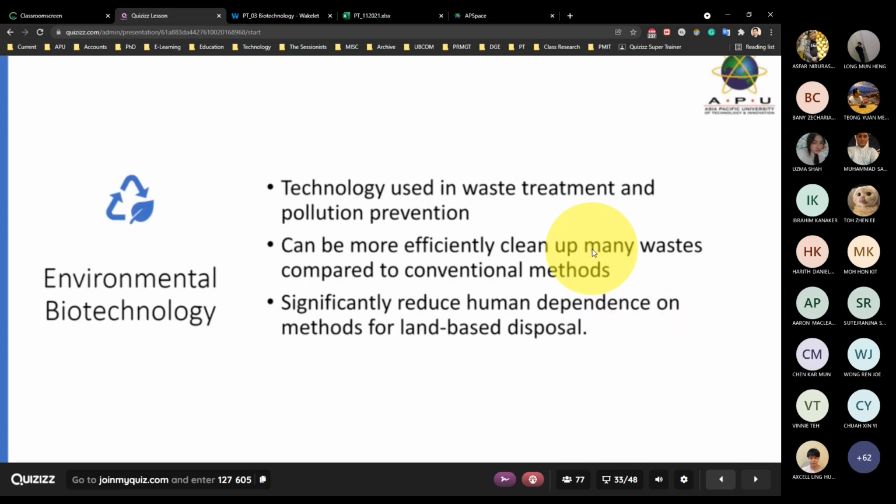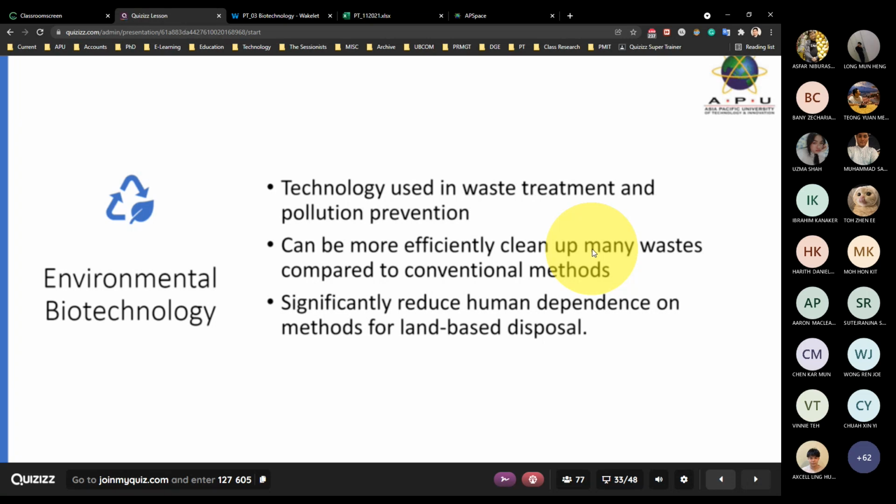The most popular application out of this is definitely cleaning up oil spills. Environmental biotech was instrumental. It is one of the main advances in terms of all the oil spills you have heard about in many different parts of the world, in the ocean and so on.